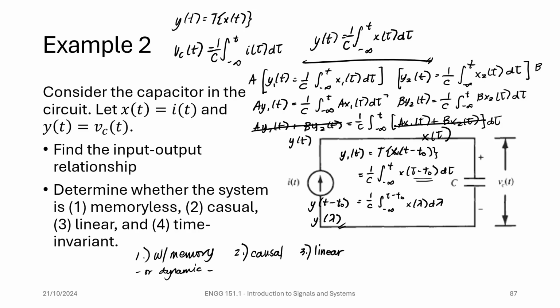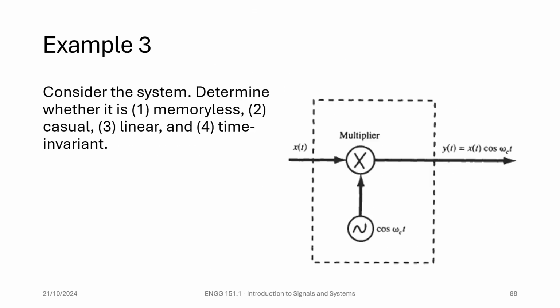Okay, so therefore, this is time invariant. Ayan. Okay, so again, our system is with memory, it is causal, it is linear, and it is time invariant. Okay, so this example number 3 na solve na natin to kanina dun sa modulator no. So okay. That's for the classification of systems.